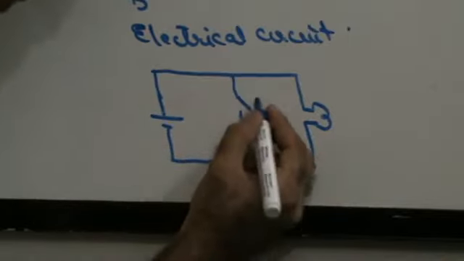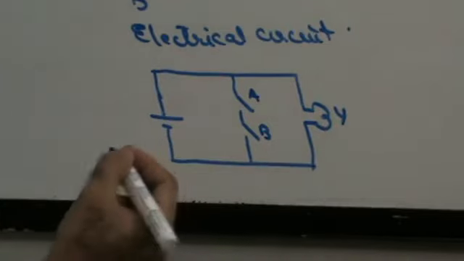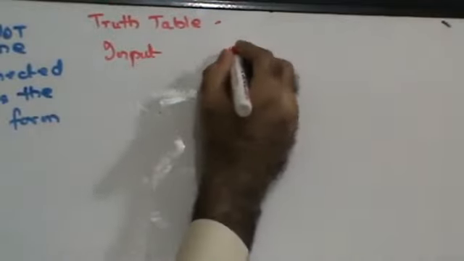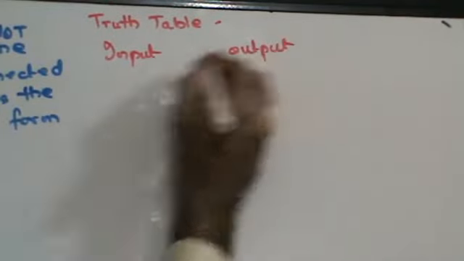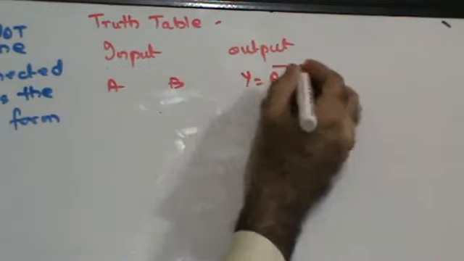This is A, this is B, this is Y, right? Next, truth table. Input, output. A, B, Y is A NAND B.